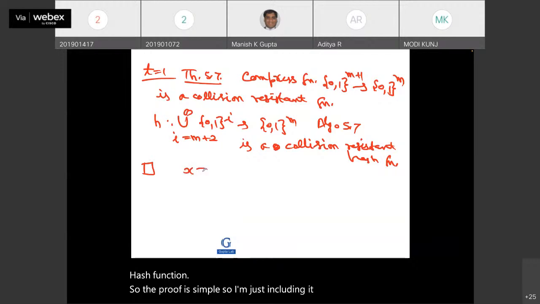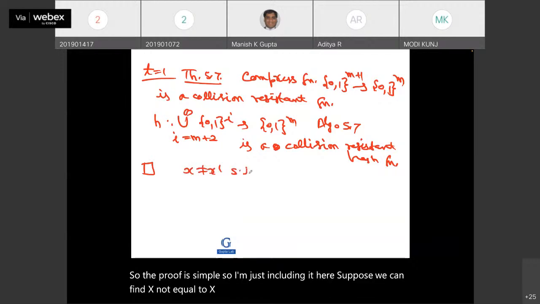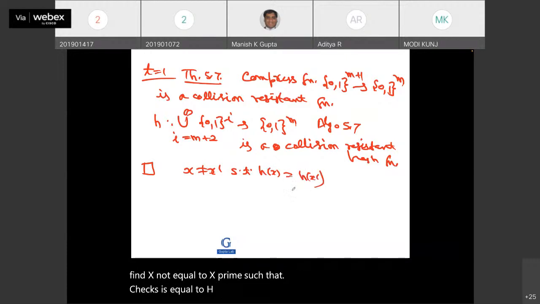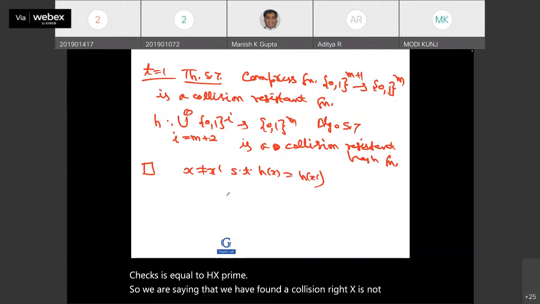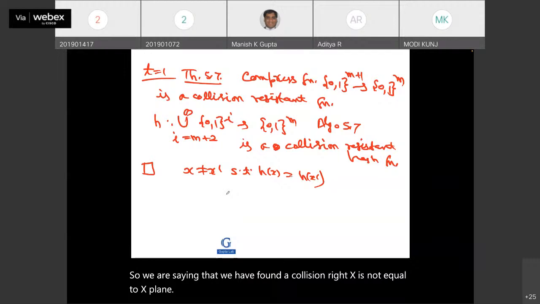Suppose we can find x not equal to x prime such that h(x) is equal to h(x prime). Okay, so we are saying that we have found a collision, right? x is not equal to x prime. So in that case, what will happen?